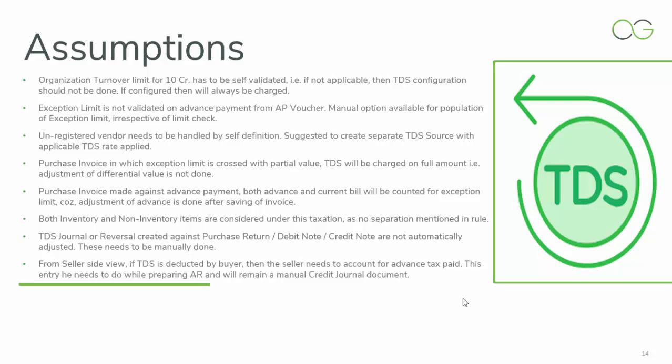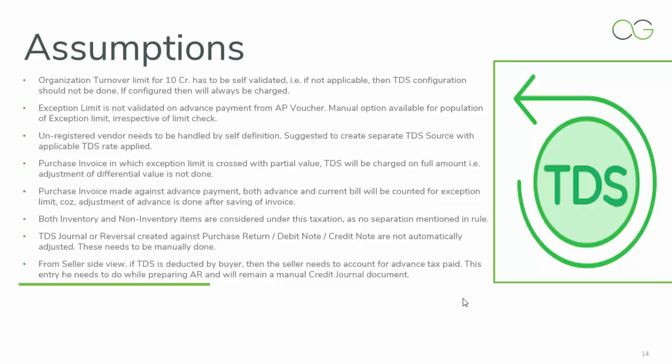We can suggest creating a separate TDS source named unregistered, and the applicable TDS rate should be defined with respect to that TDS source. So whenever a vendor is selected for unregistered purchase, the applicable TDS rate for that TDS source will get populated.